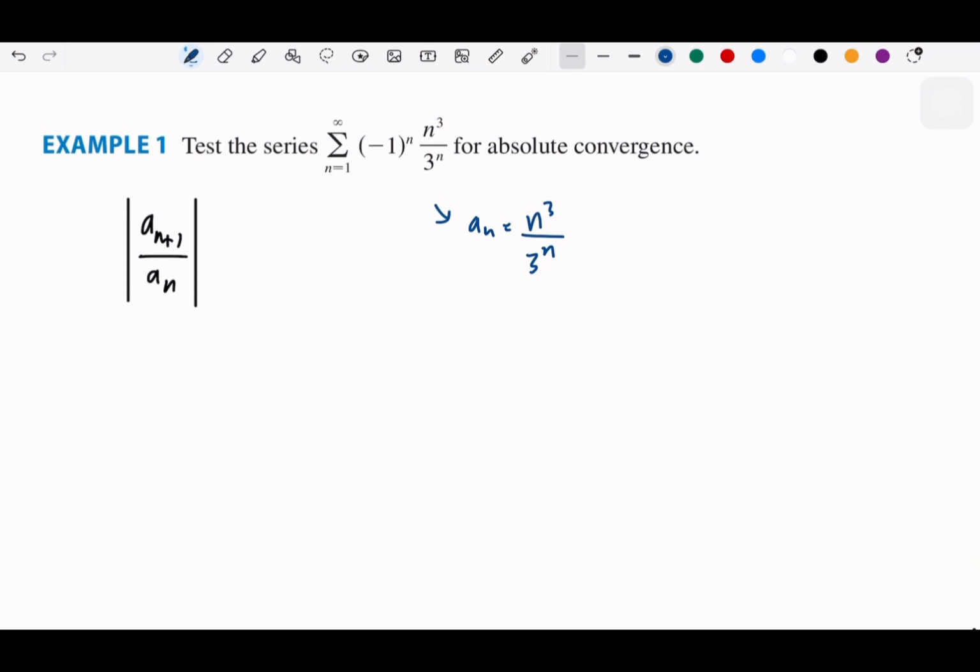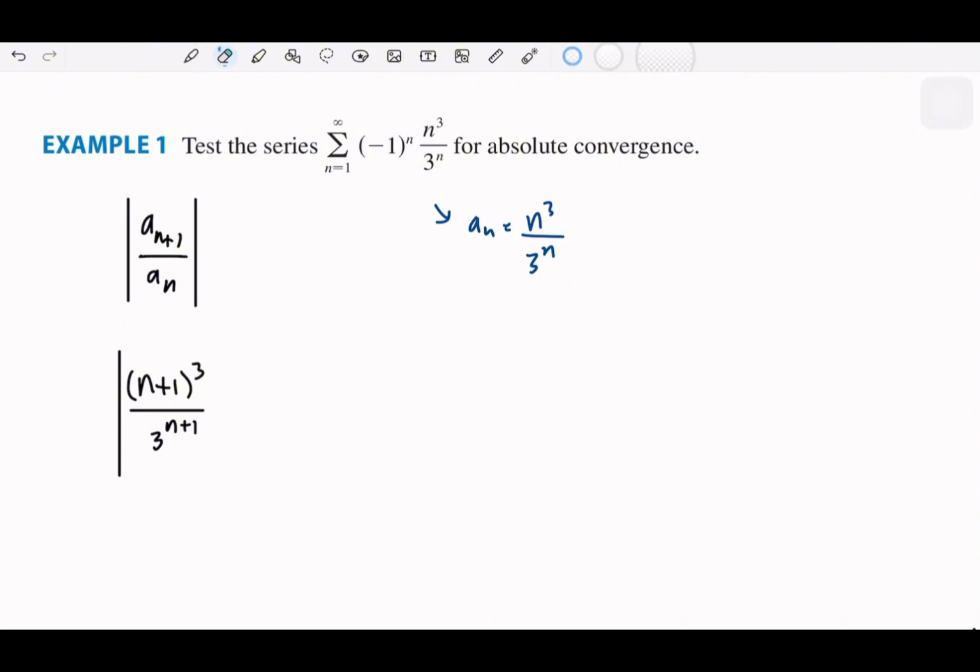So for example, here we have a_{n+1} divided by a_n. So basically we start by substituting all the n. So (n plus 1) cubed over 3 to the power of n plus 1, right? That's for a_{n+1}.